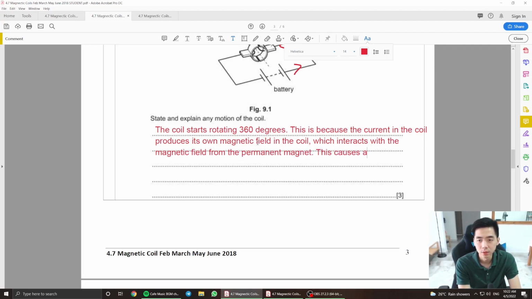This causes two opposite forces to be generated on both sides of the coil, spinning it.